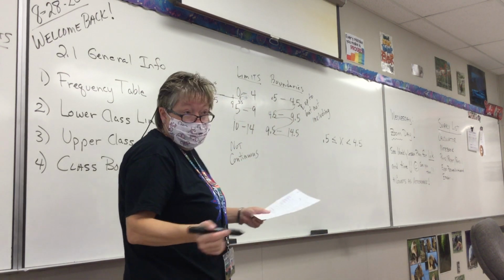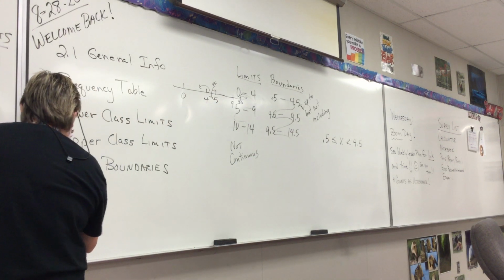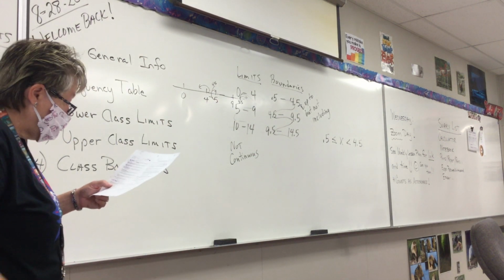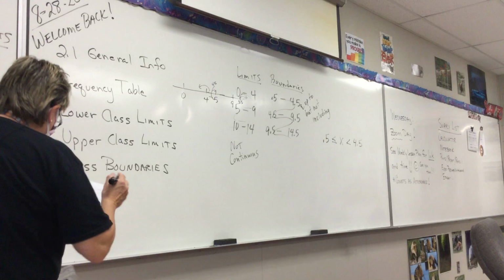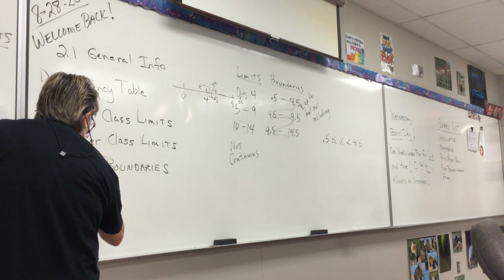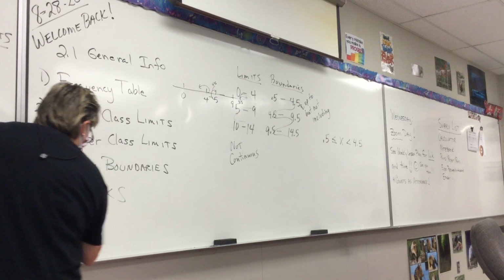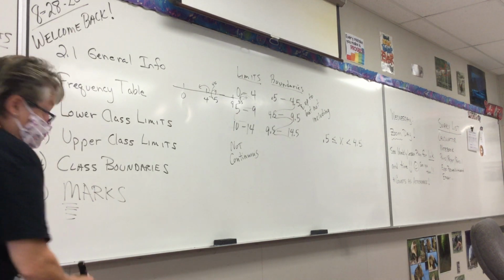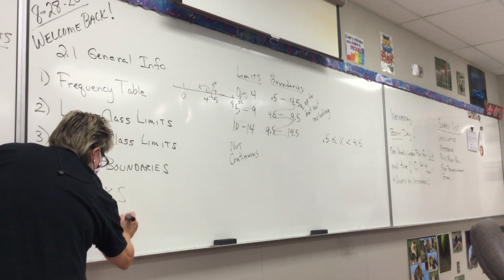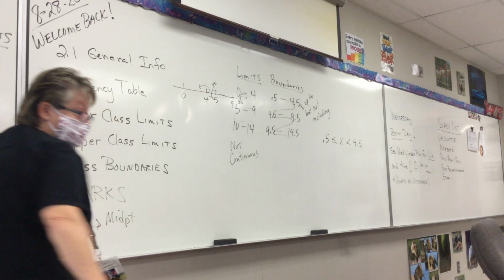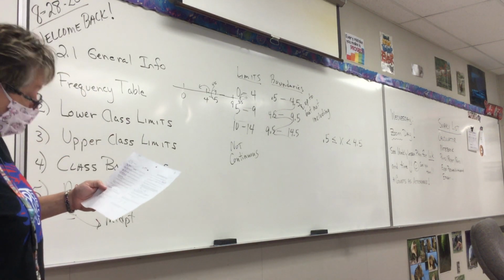Okay, last couple things as far as calculation goes. Okay, fifth word, the midpoints of the classes are called marks. Marks. If you remember the M goes with midpoint. Okay, M and M. Marks and midpoint.